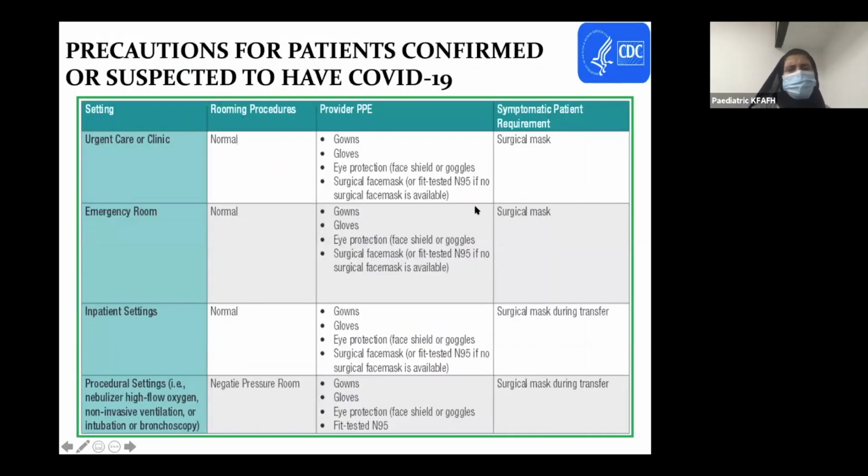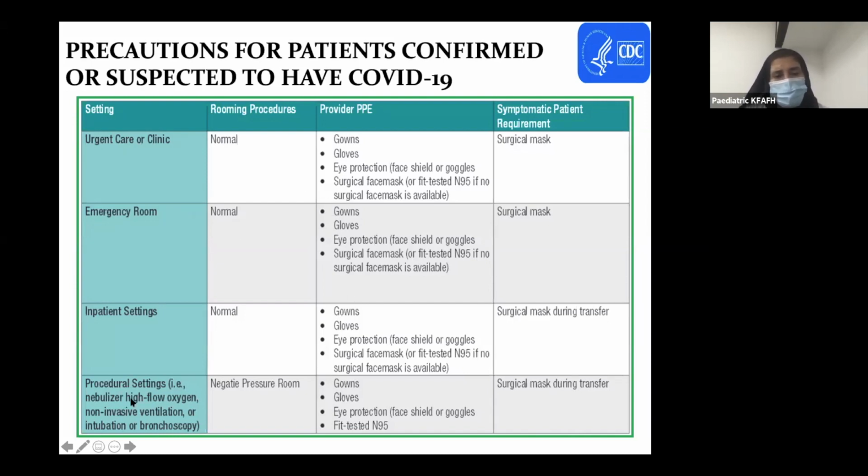Now, there has been a big debate: should we wear N95 at all times and on different occasions? But this is from the CDC, and it requires gowns, gloves, eye protection. A surgical face mask is as good as the N95. If you are in urgent care or clinic, emergency room, or the inpatient setting, it's okay to have that as a setup.